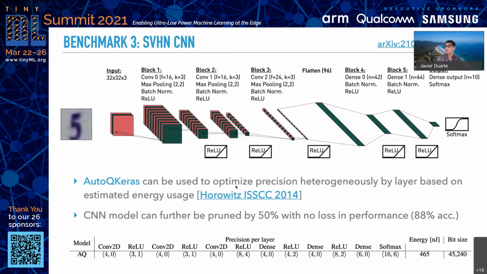And what we find is that we are able to find a configuration which should minimize the energy usage. Moreover, it can also be pruned additionally by another 50% with no loss in performance. This model ends up having 88% accuracy with a small energy usage.